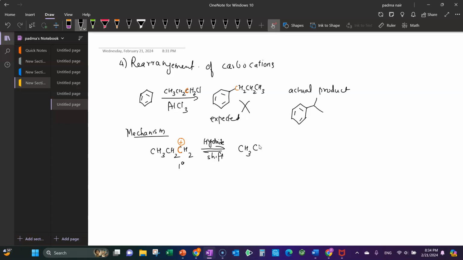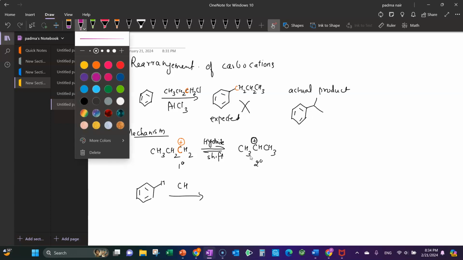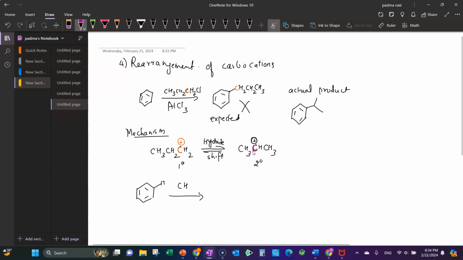So we get CH3, because one of the hydrogens moves from here to here, and then the positive charge is actually on this carbon atom. When the benzene reacts, it's going to attach itself to the carbocation that's formed here, which is a secondary carbocation. So it will attach itself to this carbon atom rather than this primary carbon atom.